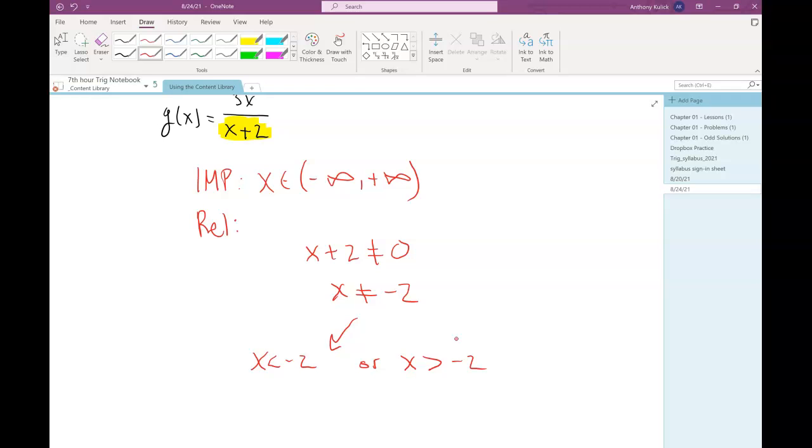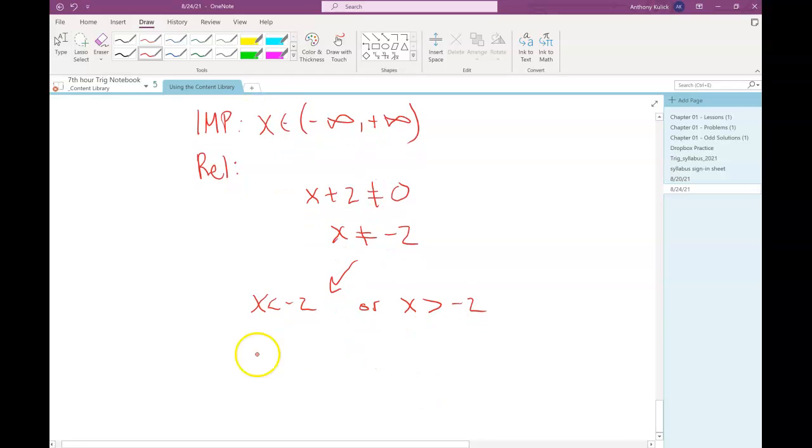And now that it's written as an inequality, we can handle this with interval notation, right? So if I look at x is less than negative 2, my lower bound is negative infinity. The upper bound is negative 2. And then what do I get on the ends here?